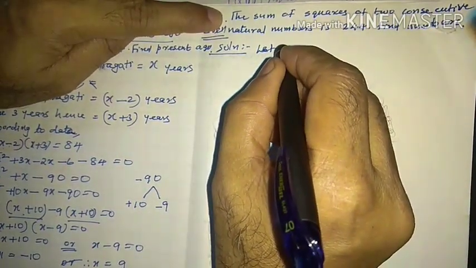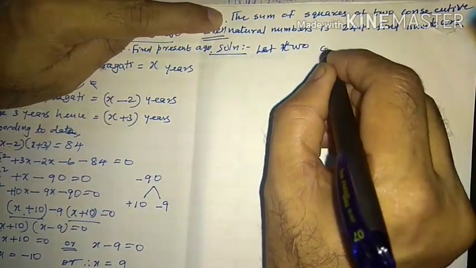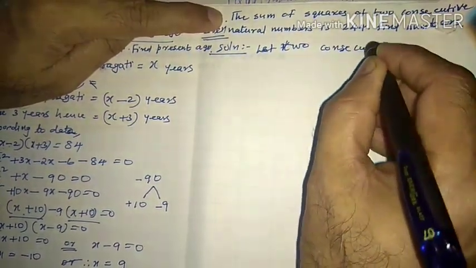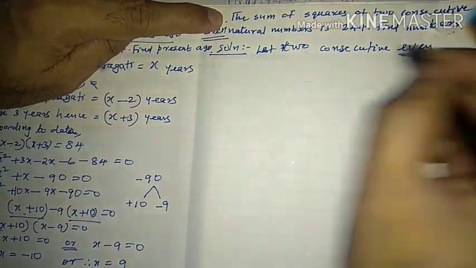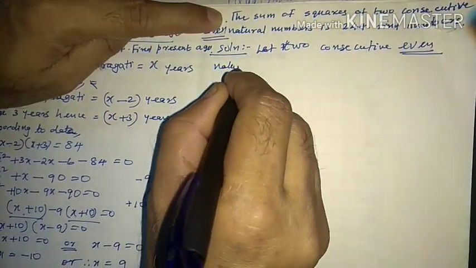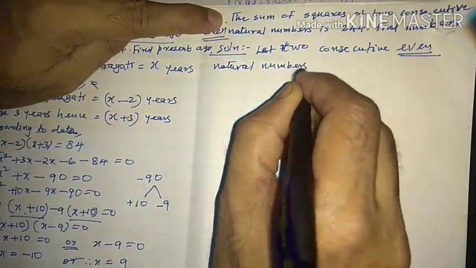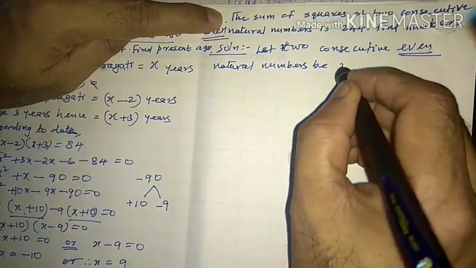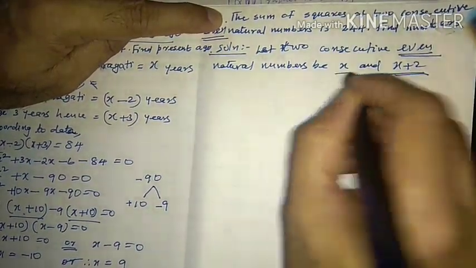Let the 2 consecutive even natural numbers be x and x plus 2.